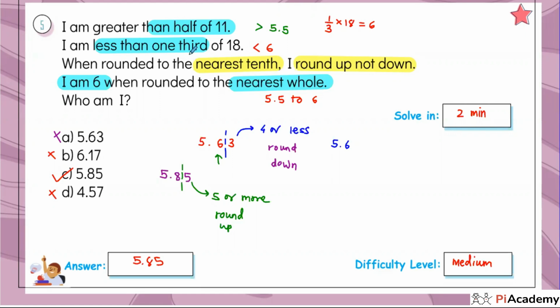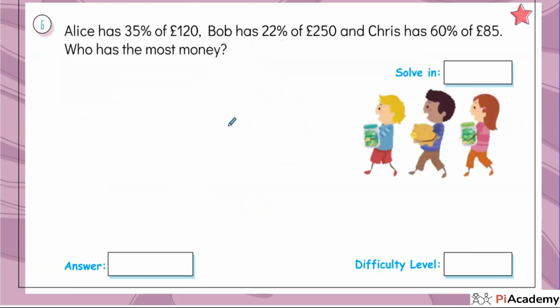So let's move to the next question. Question number 6. Navya, can you please read this question? Alice has 30. Please, other members, keep mute. This question is medium level, but here you need to figure out three values.